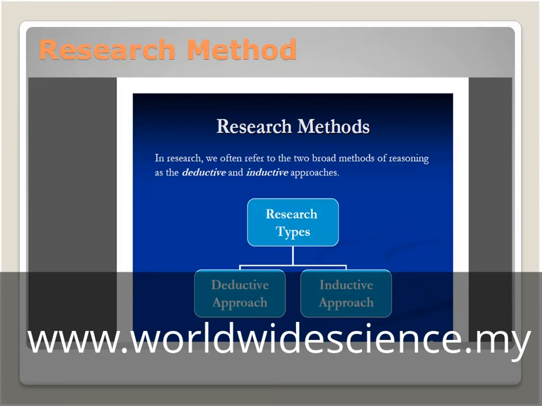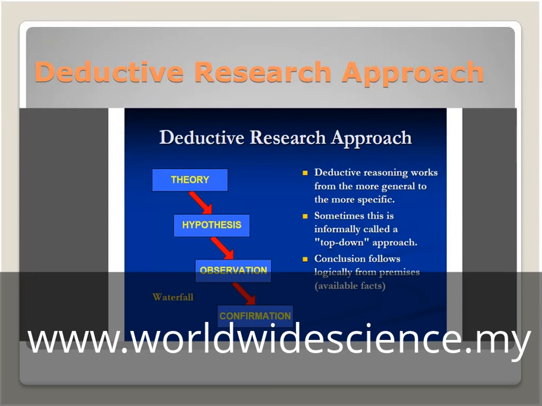In this slide, you see that we have two types of research, deductive and inductive. Now about deductive. In deductive research, as you see, first you have a theory. Then from the theory, you come to the hypothesis, and then after the hypothesis, you have some observation.